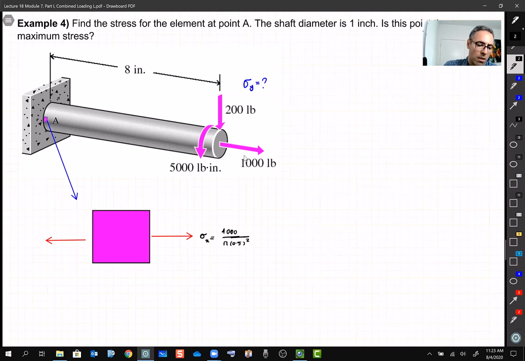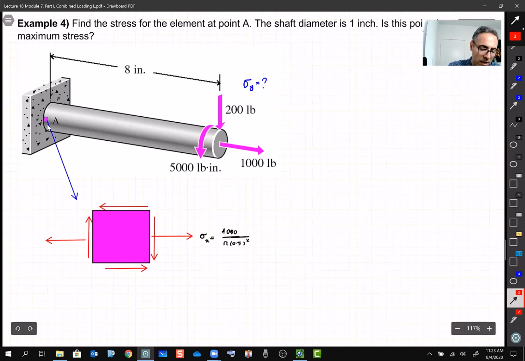We are good. What about this 5,000 pound? This 5,000 pound creates a torsional stress, which I can figure out on one side, this one here. And if I know one side, the rest comes together. One trick I always checked when I was a student: the arrows come together, the tips of the arrows or the tails of them are together. That's one way to check.